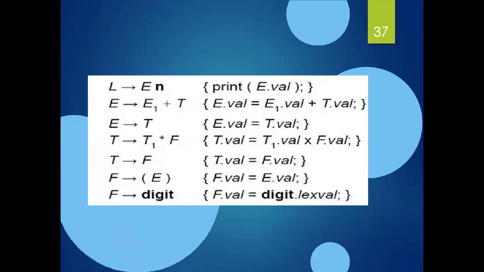I think you all understand now. And this process of execution of the code fragments of the semantic actions from the syntax directed definition is called syntax directed translation. That is, execution of the syntax directed definition.